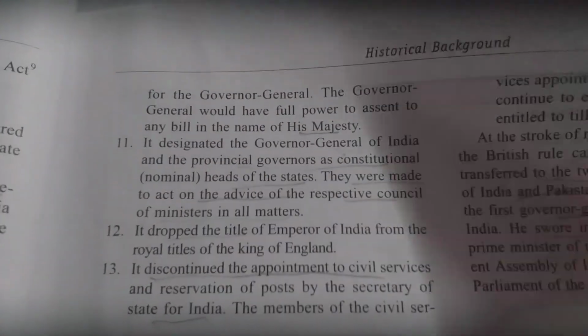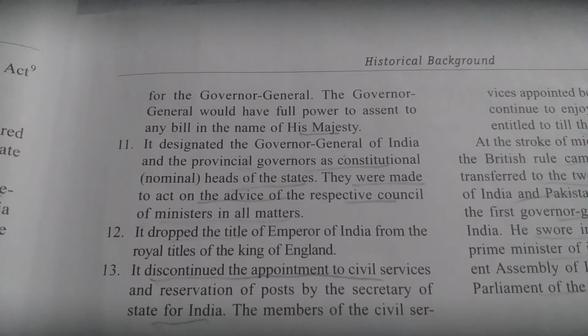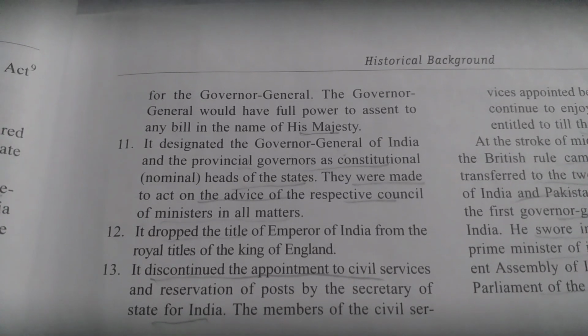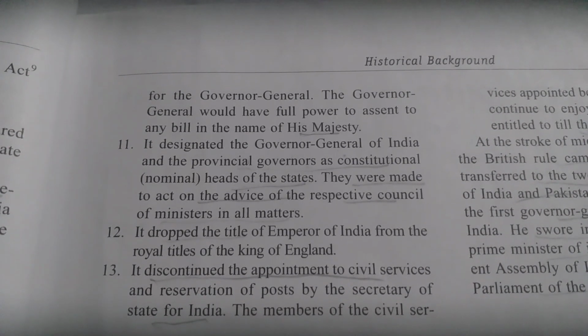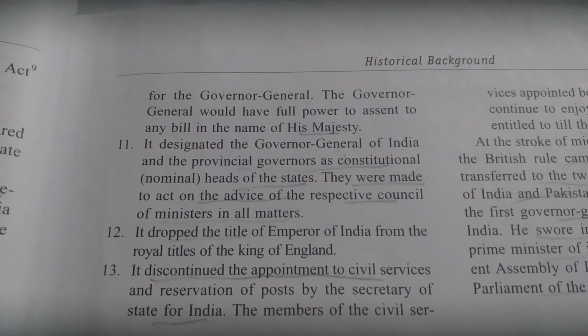The Governor General would have full power to assent to any bill in the name of His Majesty. It designated the Governor General of India and the provincial governors as constitutional heads of the state.